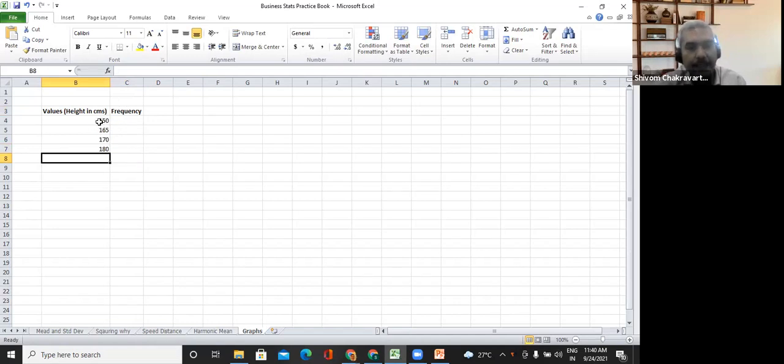Ideally, you should take up to 150 centimeters, then 150 to 165, then 165 to 170, then 170 to 180 centimeters, and the last category more than 180 centimeters. Okay. Like that we should take, which will be more realistic, but this data is simpler.